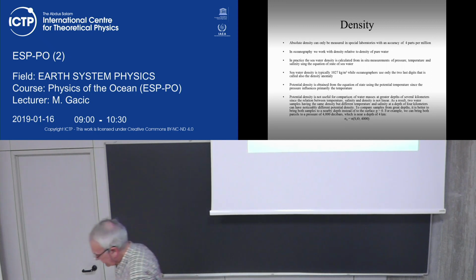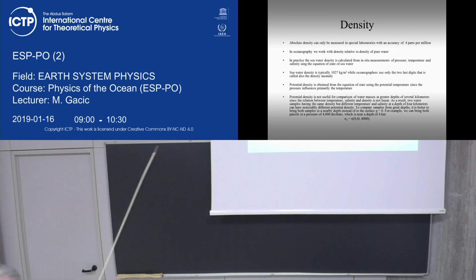Okay, so the third, we have now the density. The density is obviously a function of temperature, salinity, and pressure. Absolute density can only be measured in special laboratories with an accuracy of 4 parts per million.